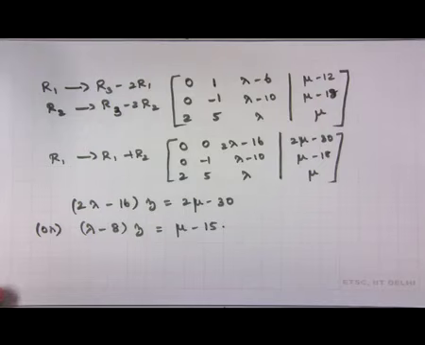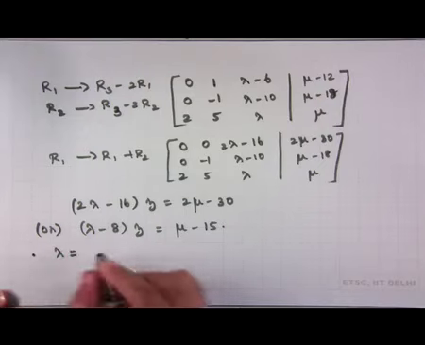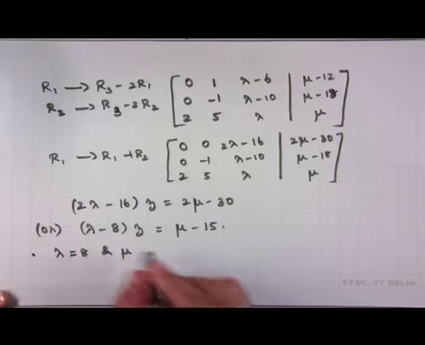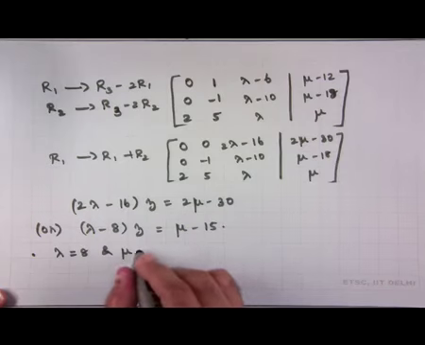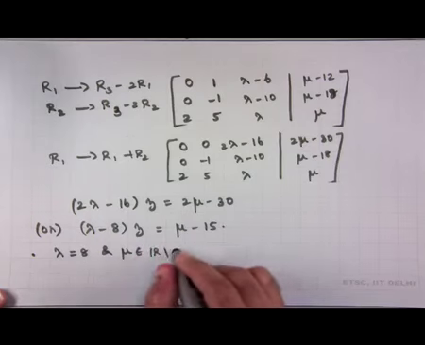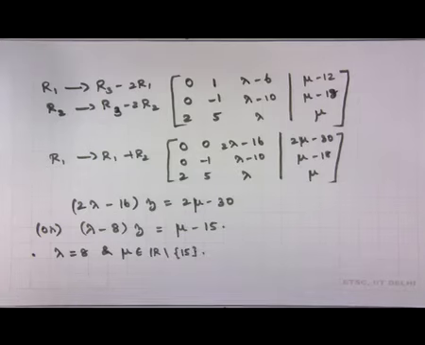Now, let us consider the following cases. Case 1, if lambda equal to 8 and mu in any real number except 15, then what will happen?